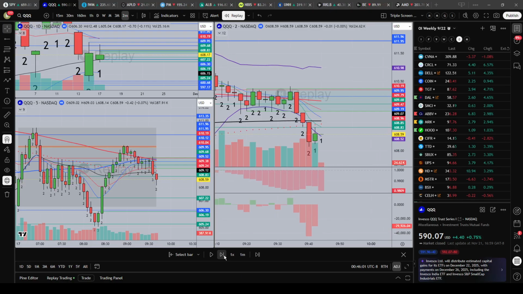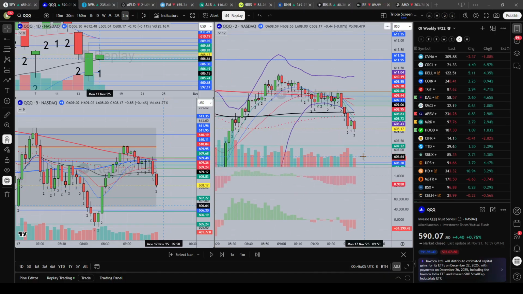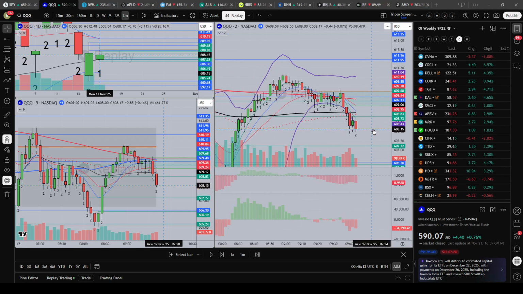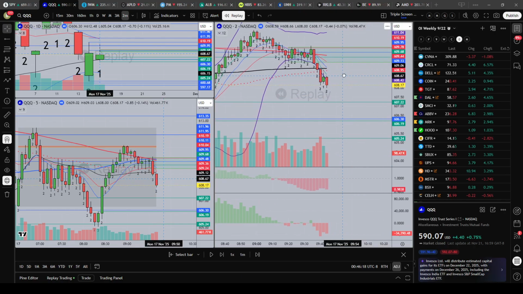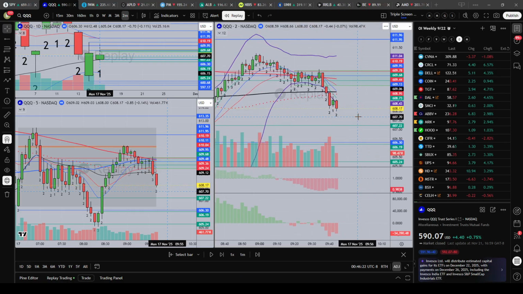Am I just not going to get it? No retest, huh? Yeah, that's lame. Ideal situation is you get some type of retest back up here.